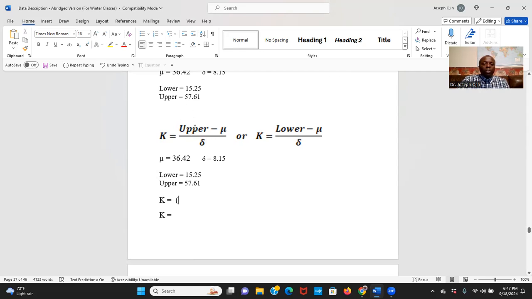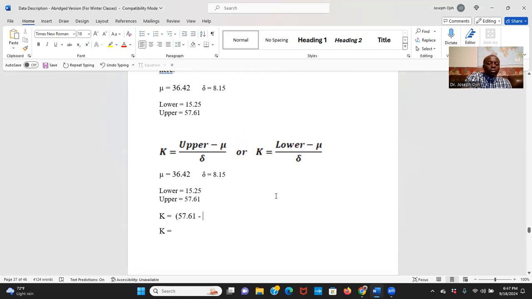So upper is 57.61, minus mean, our mean is 36.42, divided by standard deviation, our standard deviation is $8.15.